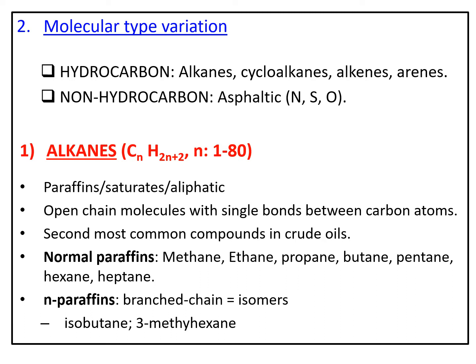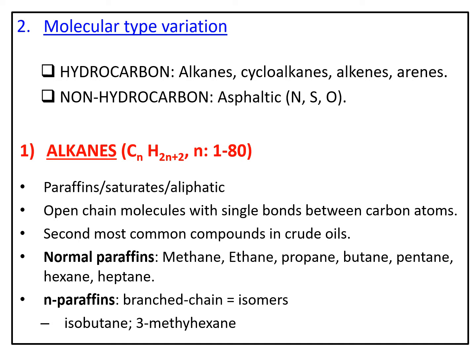The normal paraffin forms a homologous series, while the isoparaffin contains different kinds of branching isomers, that have different compounds with the same molecular formula.